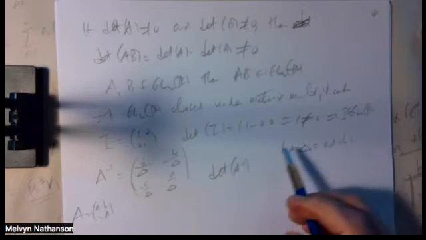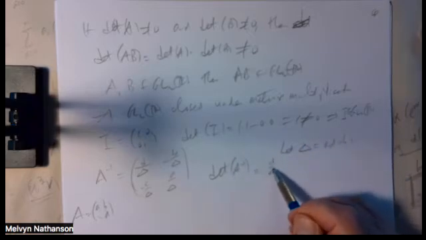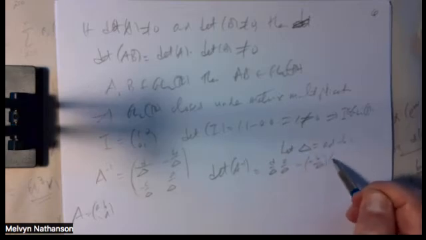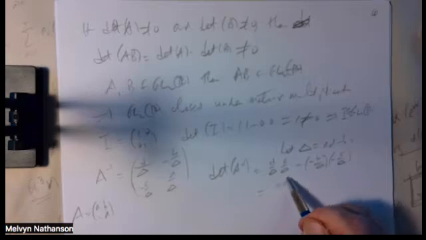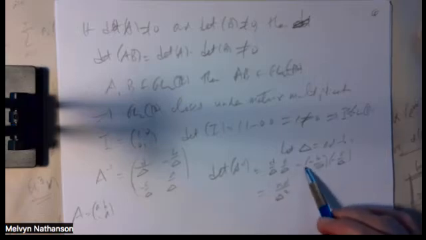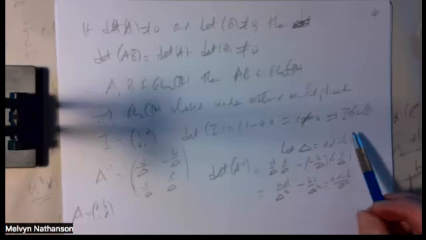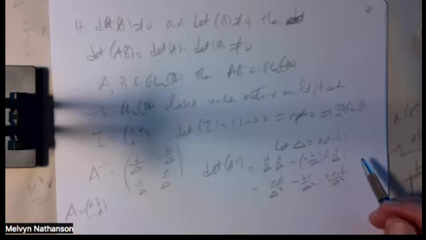What is the determinant of A inverse? It's D over delta times A over delta, minus B over delta times minus C over delta. That's AD over delta squared, minus times minus times minus is minus BC over delta squared. That's AD minus BC over delta squared, and AD minus BC was just the determinant delta. So delta over delta squared is 1 over delta, which is not 0. So this has non-zero determinant.